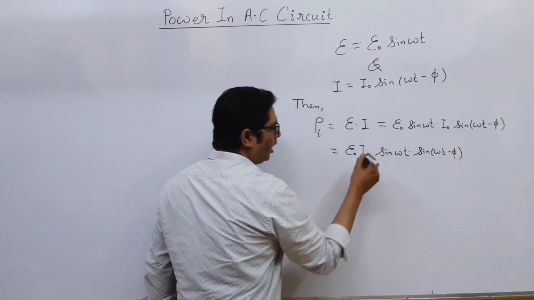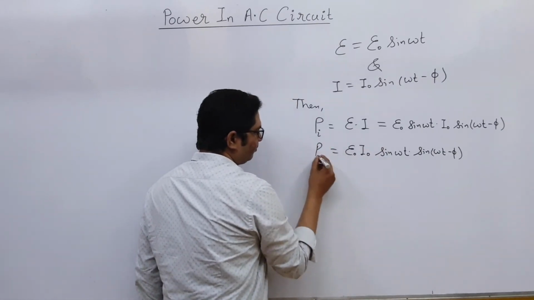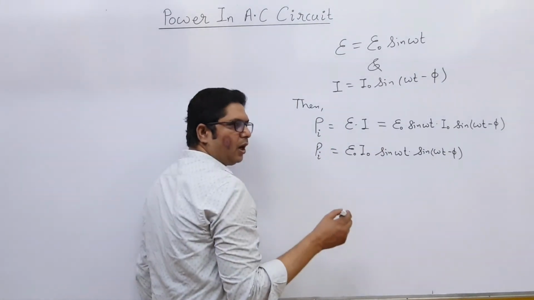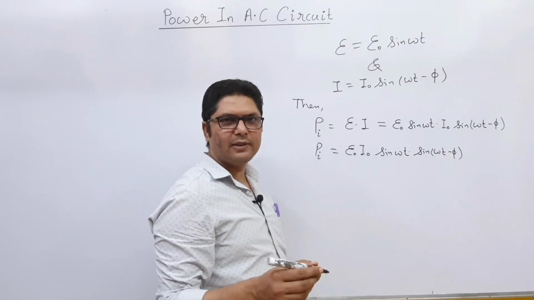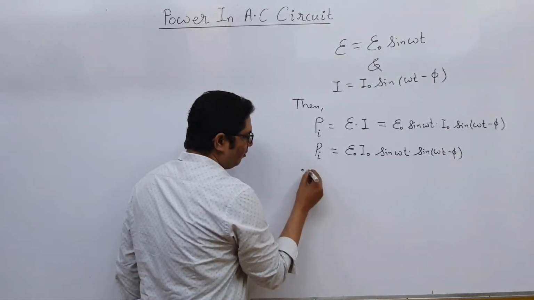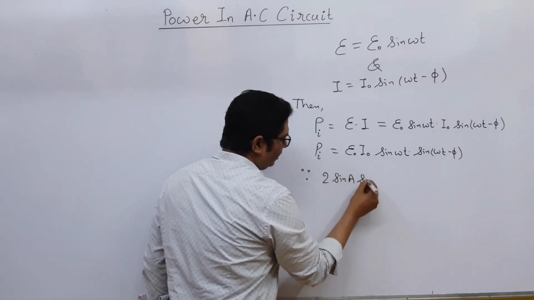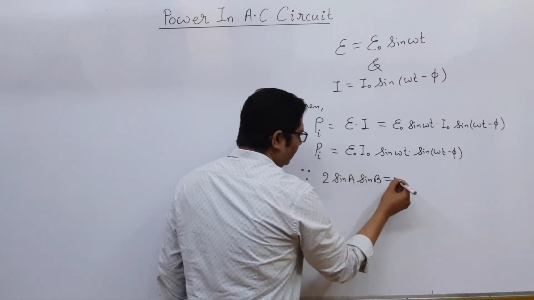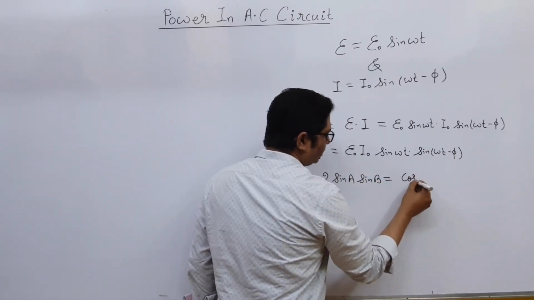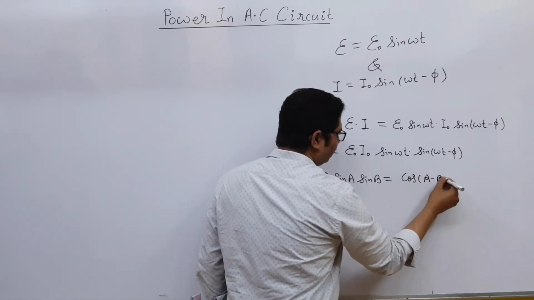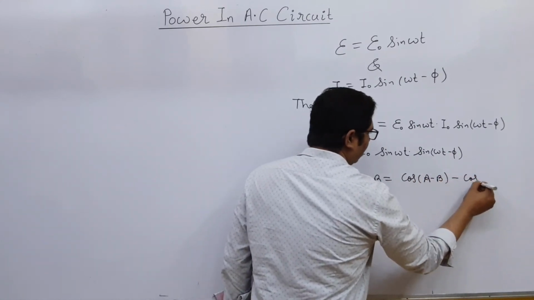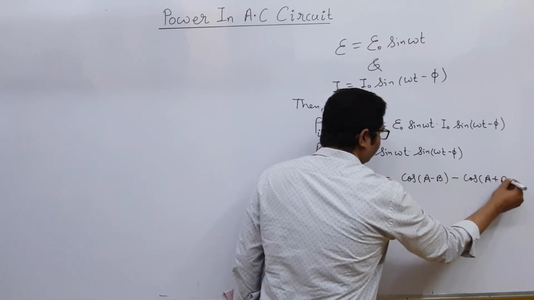We can write the formula of 2 sin A sin B as: 2 sin A sin B equals cos(A minus B) minus cos(A plus B).